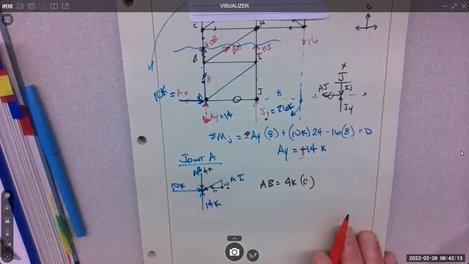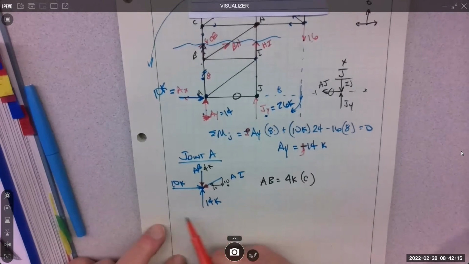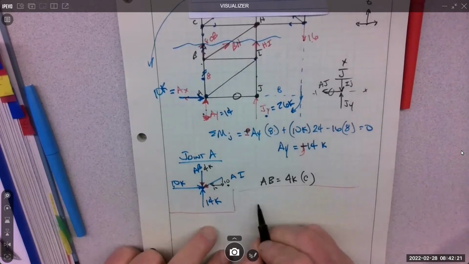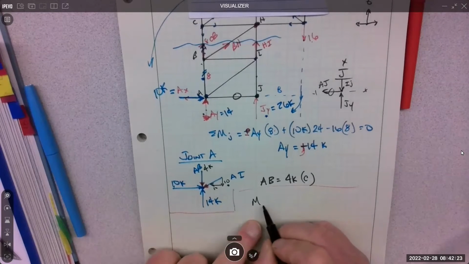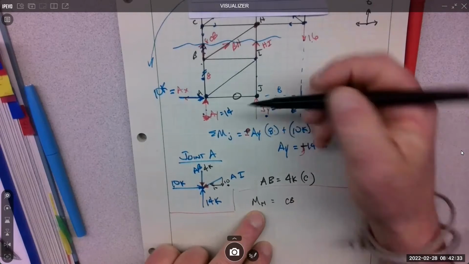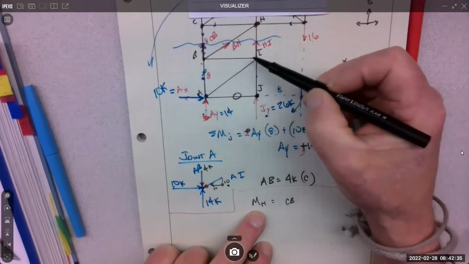All right, let's do it. Red's dying on me a little bit. This will be a moment about H. So it's CB, this one, times this distance.